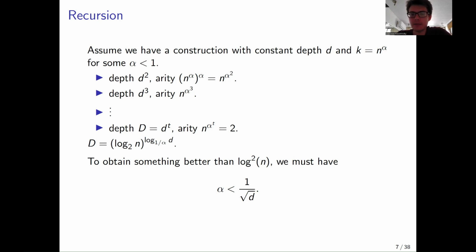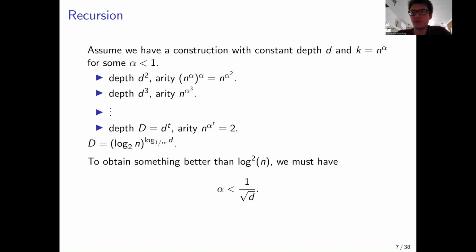It would be great if this exponent is smaller than 2 at least, because as we've been discussing, there are a lot of constructions where the exponent is 2 for ordinary sorting networks, but only one where it's just logarithmic in n, and that one is very complicated. It would be nice if we had some simple construction, and this idea of just recursively applying the circuit to itself is very simple.